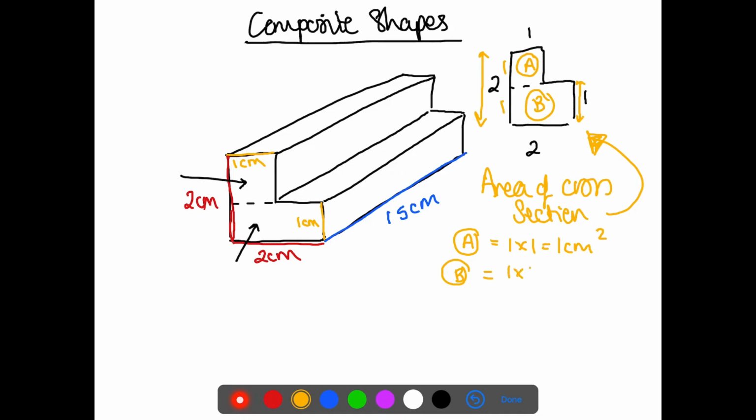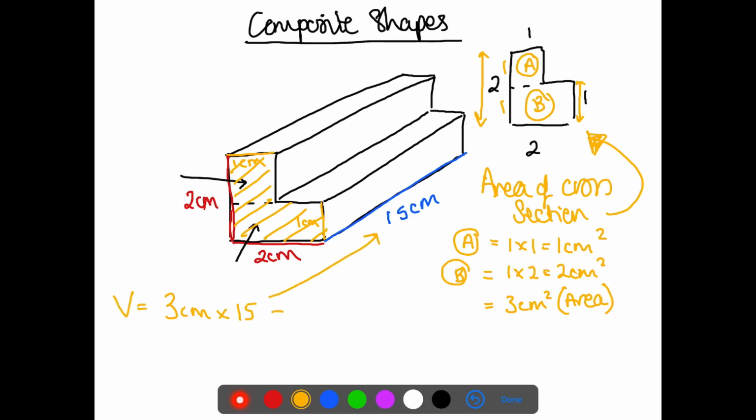And then B is 1 times 2, which is 2 centimetres squared. So altogether, we have 3 centimetres squared for the area of the cross section. And all we have to do now, because we've found the entire area of all of this, is we're going to do 3 centimetres times 15 to find the volume. Okay, and that's 45 centimetres cubed.